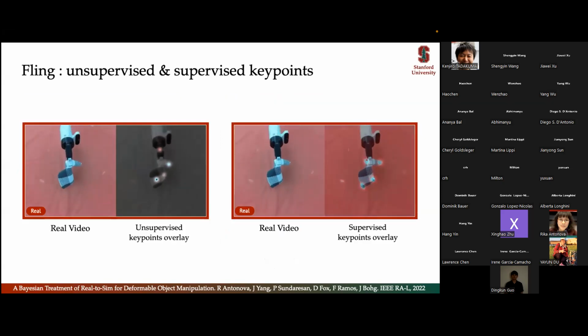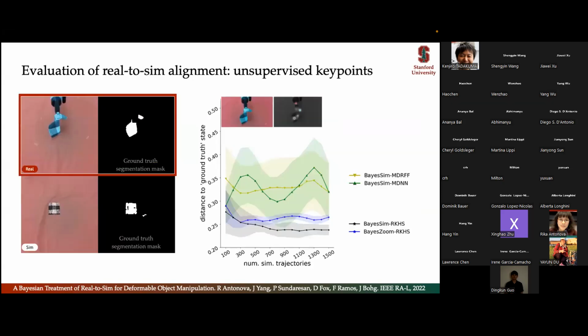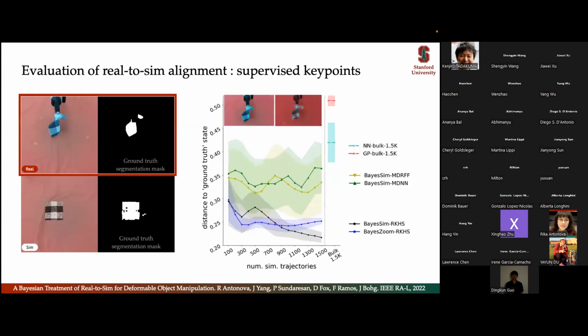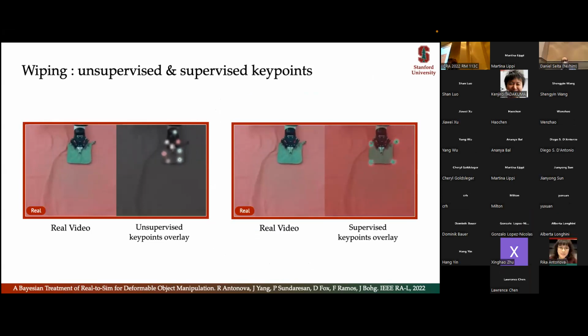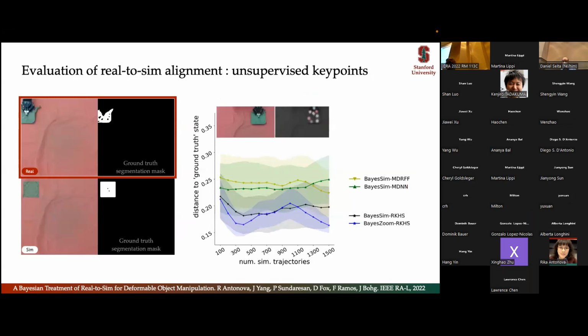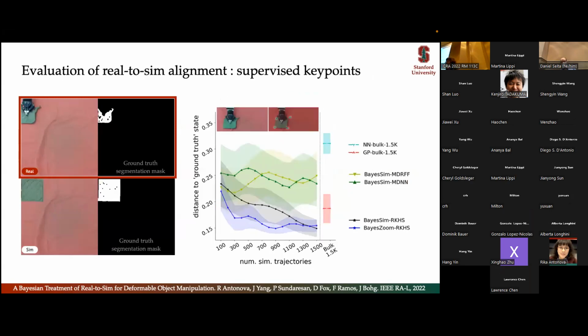So we can do this with a few objects in the scenarios that are shown before for this Fling task, where we're tracking the state of the cloth with the key points. But again, these key points don't have to be systematically placed on any part of the deformable object. Then these are examples with the wiping task. And likewise here, this blue and black line, you can see that we're getting some performance improvement here as well.